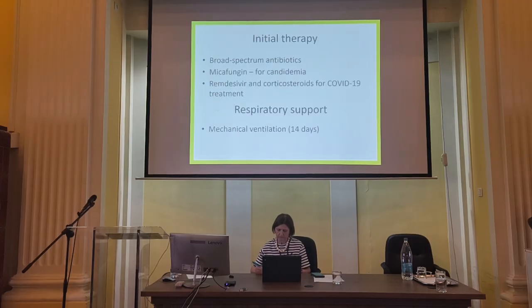So, of course, the patient had been treated with broad-spectrum antibiotics due to bacterial pneumonia, of course remdesivir and corticosteroids for COVID-19 treatment, and has also been given micafungin, an echinocandin, to cover candidemia as well. He was mechanically ventilated for 14 days upon admission.